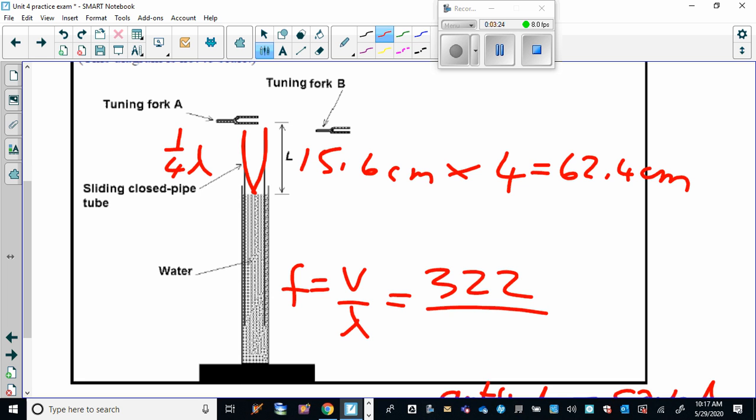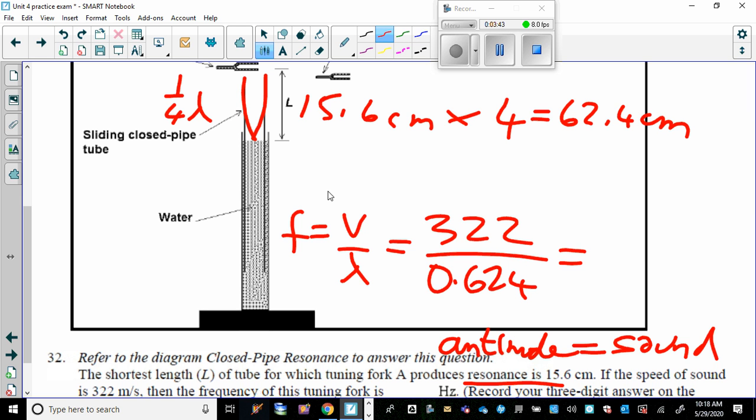Multiply it by 4, now you get a full wavelength. Now you can plug that into the formula. After you change it to meters and get the answer, it turns out to be 516 hertz.